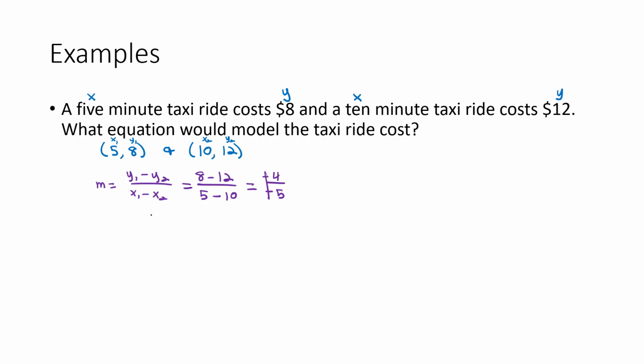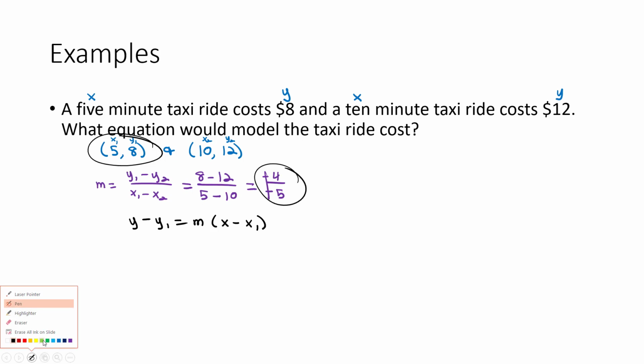And now we're ready with a slope and a point to use that point-slope form. y minus y1 equals m times x minus x1. So let's try and plug in what we know. y minus y1, which is 8, equals m, the slope we found, 4/5, times x minus x1, which is 5.